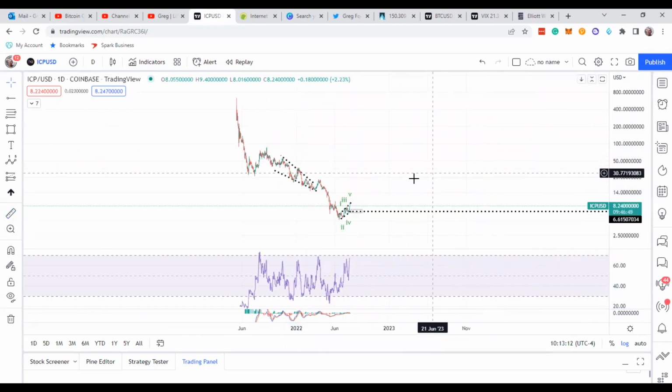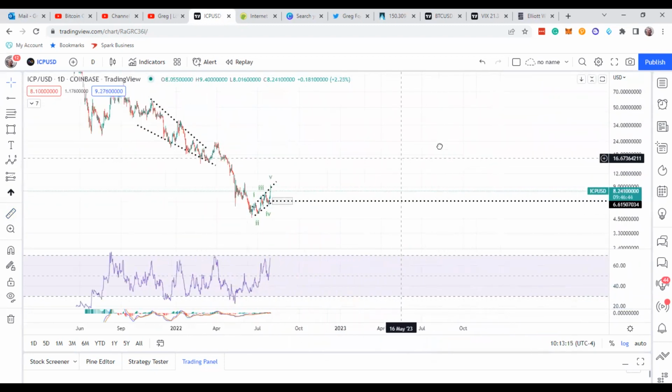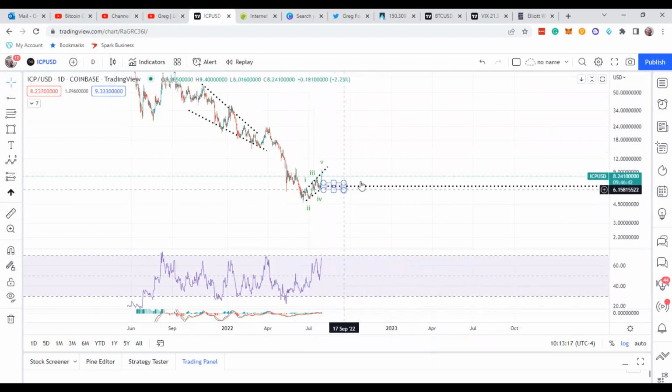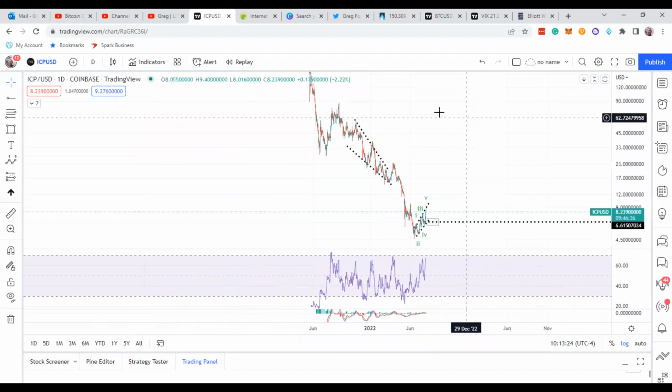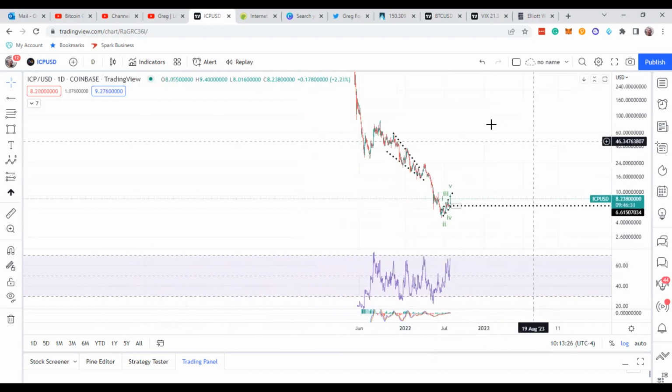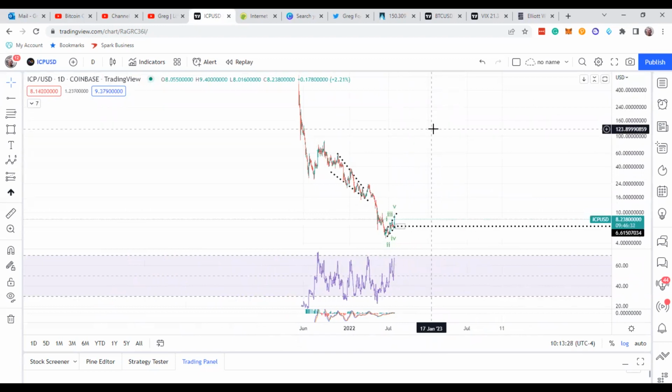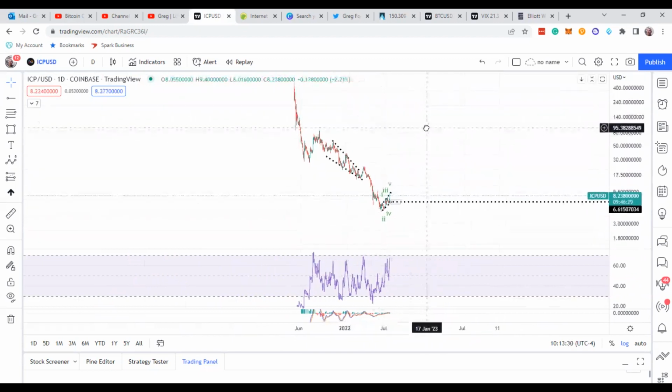Worst case scenario. Best case scenario or better case scenario is that this is a wave 1 and it's going into a 3, 4, 5 to make a wave 1, back down for a 2, and then back up for a 3, 4, 5. And up into these areas, potentially maybe reaching near the previous highs where it was before.